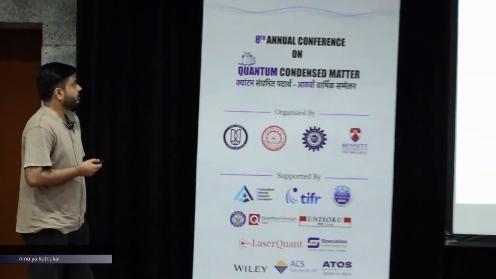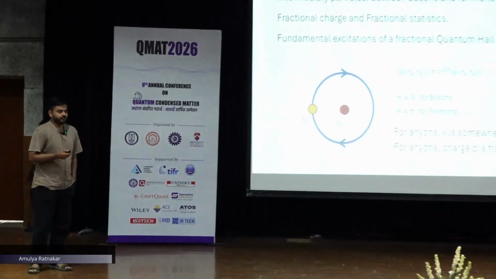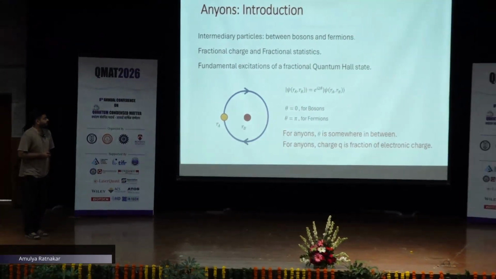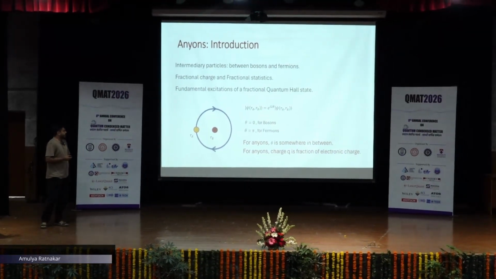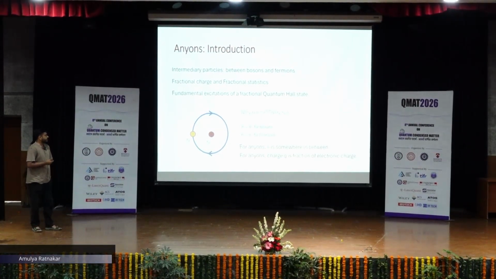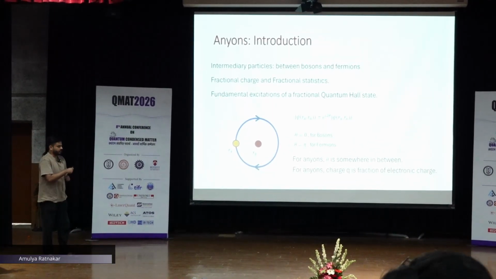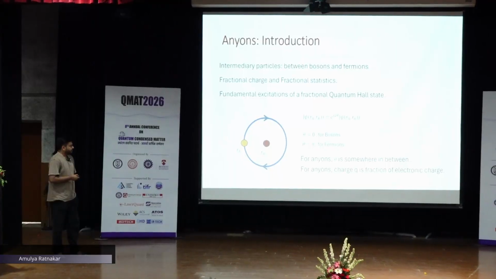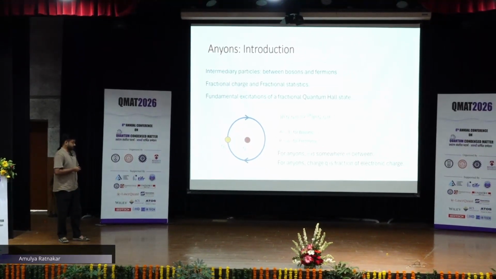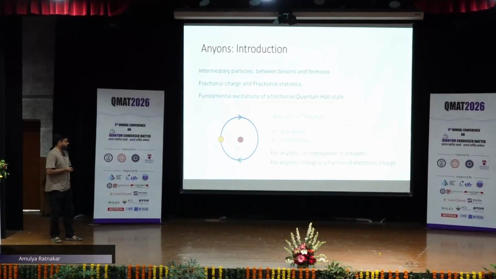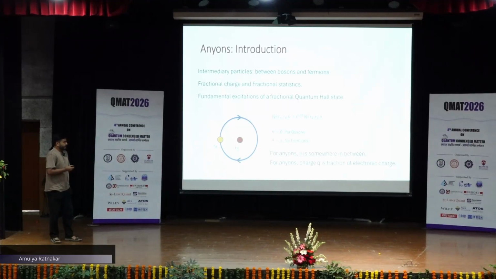Okay, to start with, anyons. Anyons are particles which interpolate between bosons and fermions, in the sense that they have fractional charge and fractional statistics. Fractional statistics means that if you take one anyon around another, it gains a phase which does not correspond to bosons or fermions. It is somewhere in between. And these particles exist as the fundamental excitations in a fractional quantum Hall state.